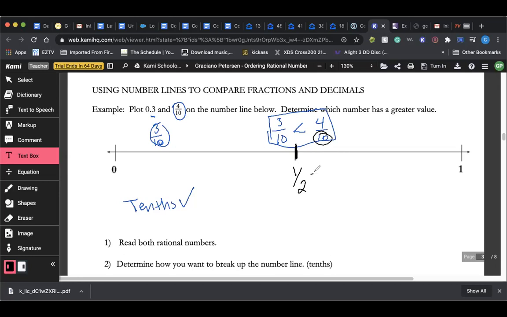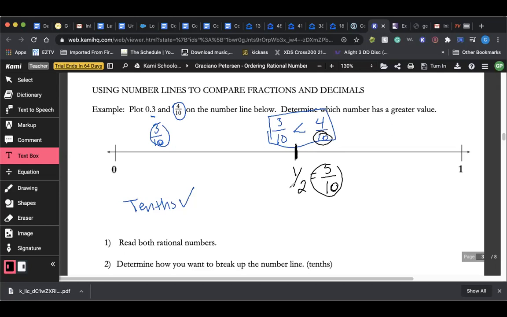5/10, over 10, right? So if I know where 5/10 is, I should be able to figure out where 3/10 and 4/10 are. They're both to the left of that. What's important is having a general understanding of where these things should be on my number line.